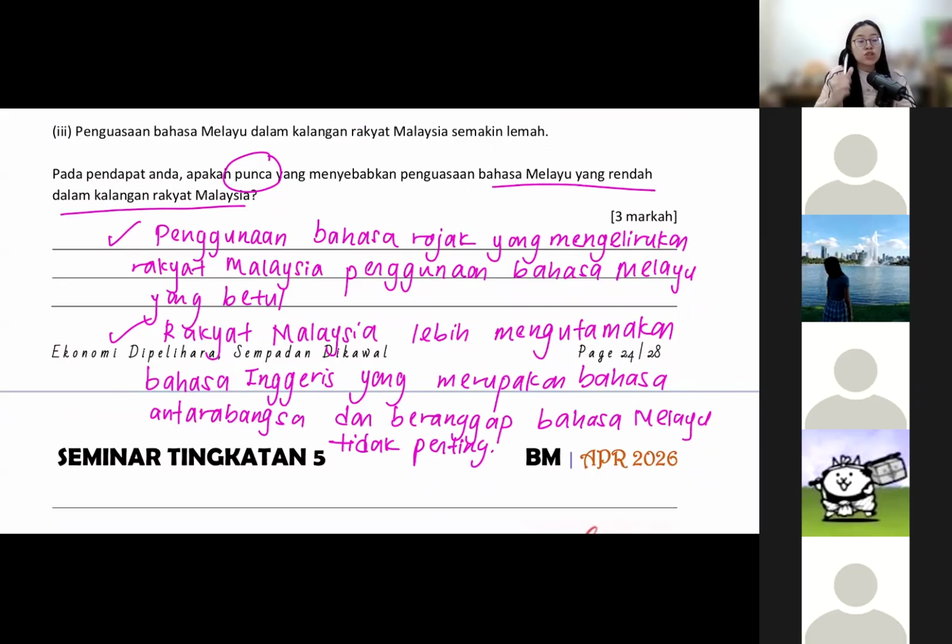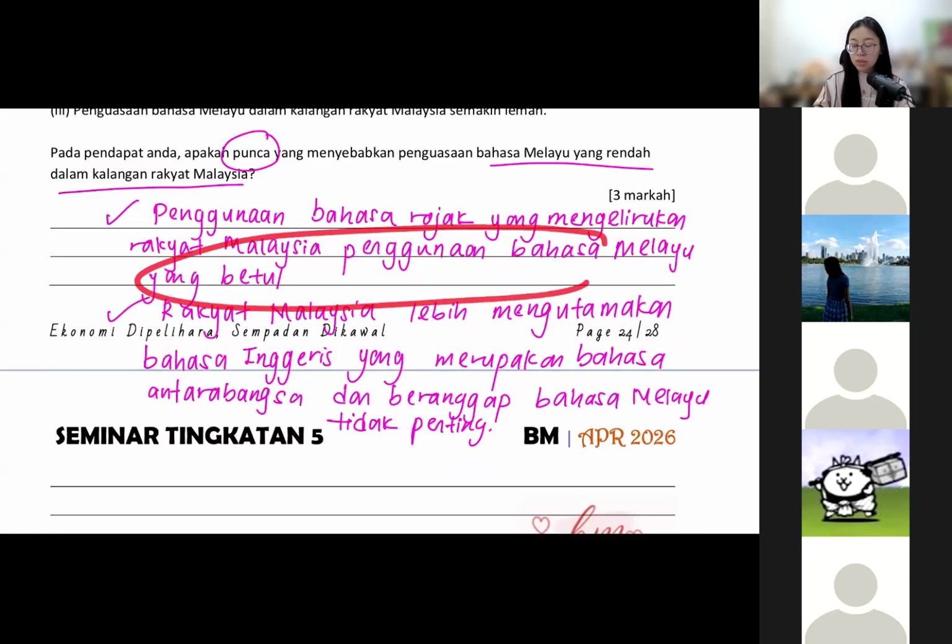Okay, we don't say they share fake news on BM. They share the usage, the wrong, for example, penggunaan bahasa yang salah, which is the bahasa Raja lah. Normally, you can say pengaruh media sosial yang sering menyebarkan penggunaan bahasa Raja. You can mix together like this. You can add on like this.